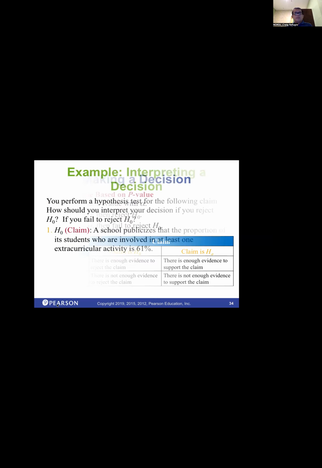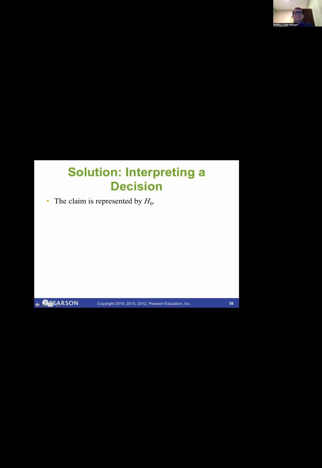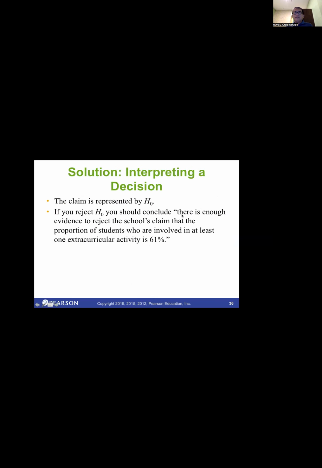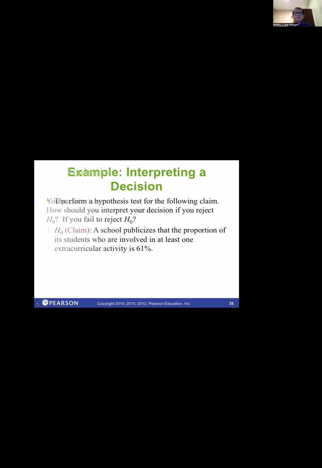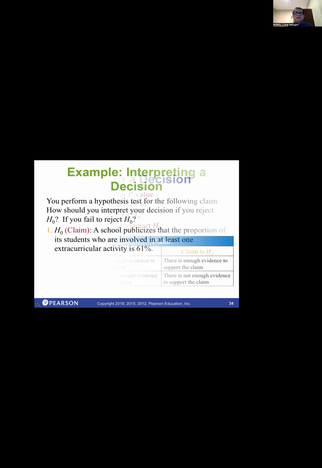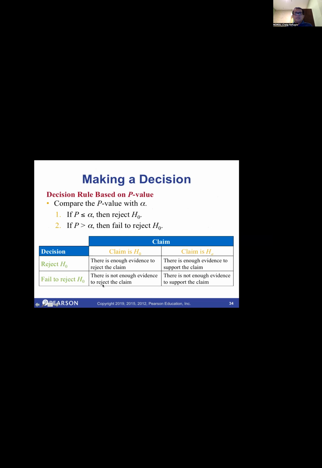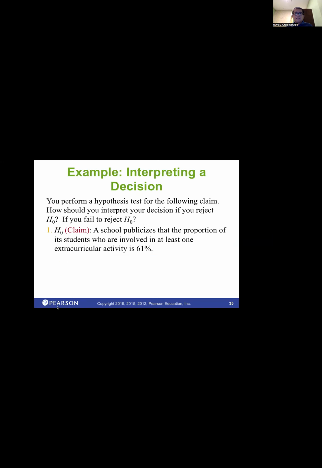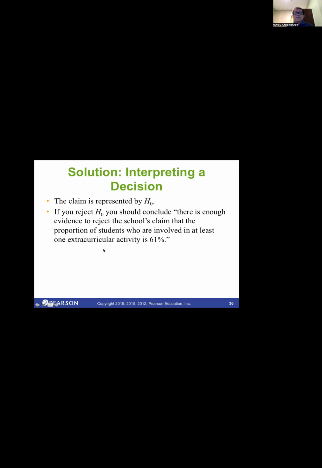So let's go back to this one. Where do we get there is enough evidence to reject? From the template, there is not enough evidence to reject, and then state the claim. So what is the claim?